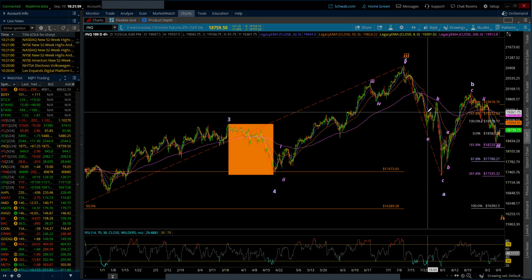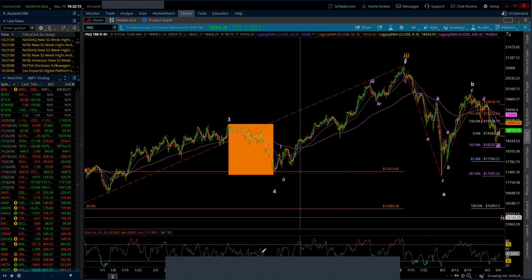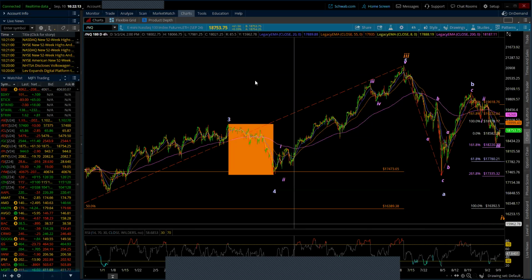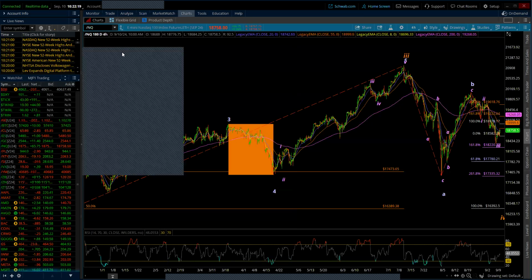No. And this is something else that Elliott really laid out pretty cleanly for students of Elliott: as you're working through, you have two things, a preferred count and an alternate count.